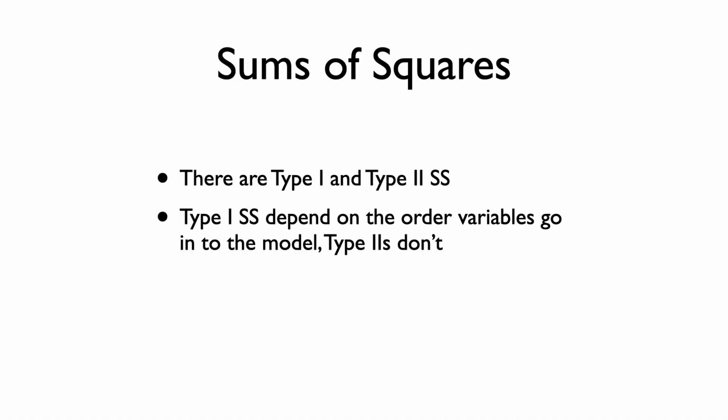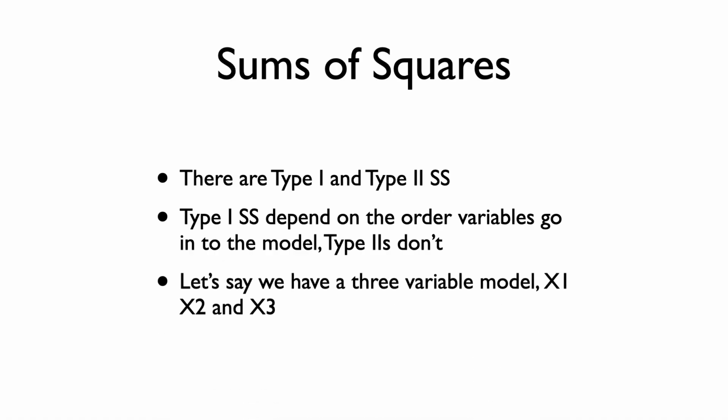Remember that? So let's say we have a 3-variable model. So we have y, and then we have 3 possible predictors, x1, x2, and x3. So, you know, IQ, parents' socioeconomic status, and number of years you've been in school. That's 3 variables that are going to predict income.